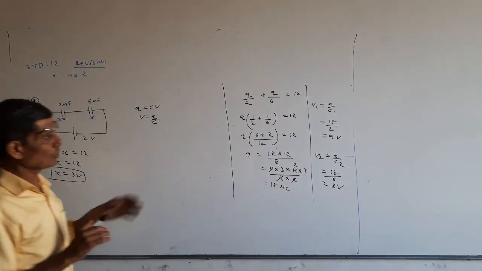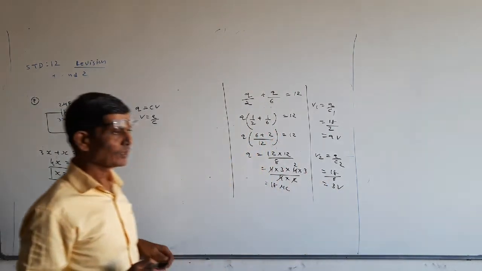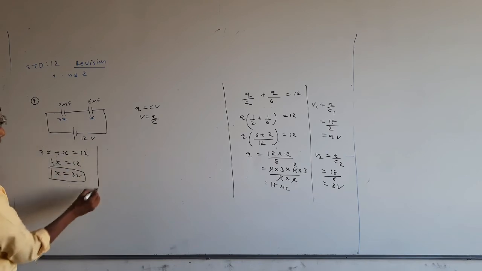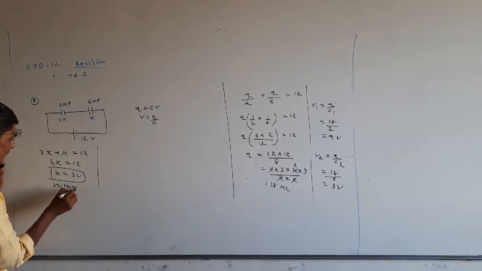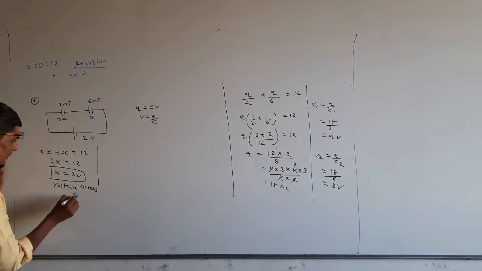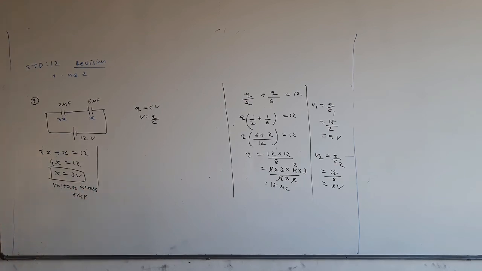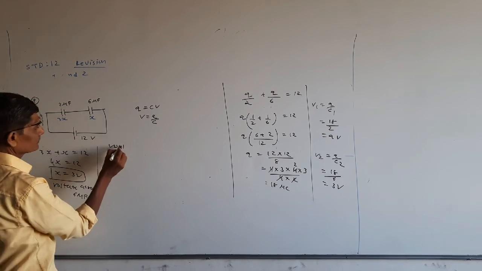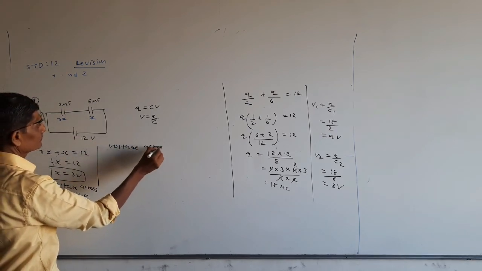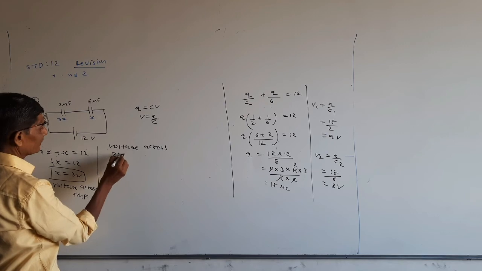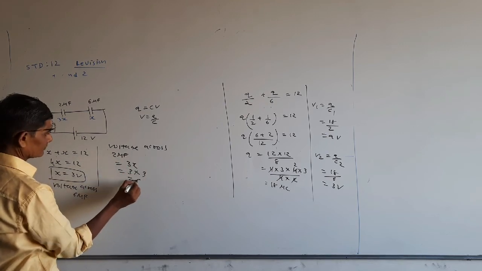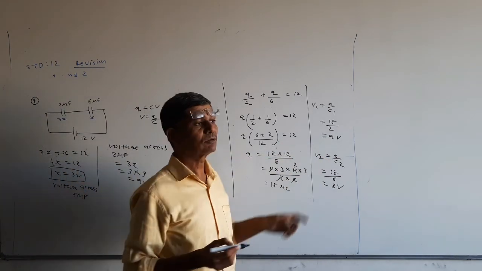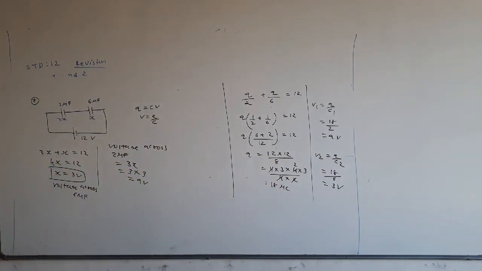See, numericals you have to solve by the first principle or by this solution. Voltage across the 6 microfarad capacitor is x, and voltage across the 2 microfarad capacitor is 3x. See, now that we have obtained this, what we can see here is a faster method.